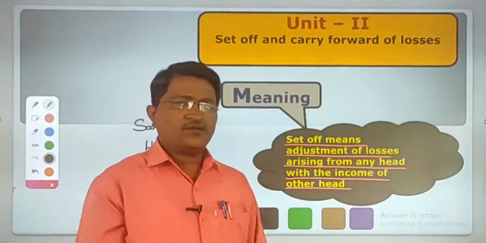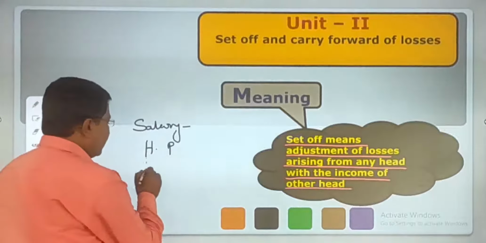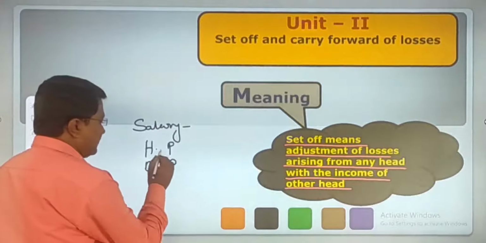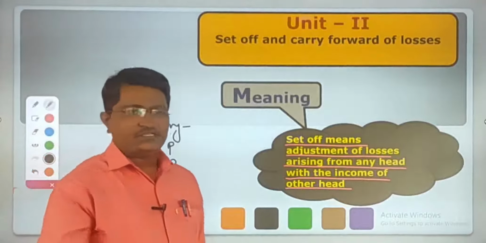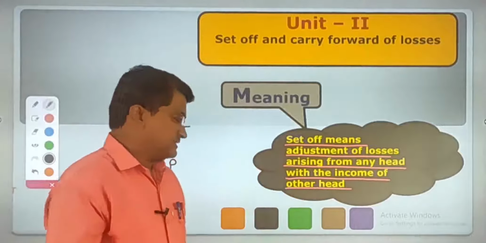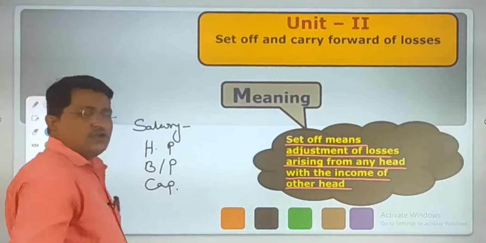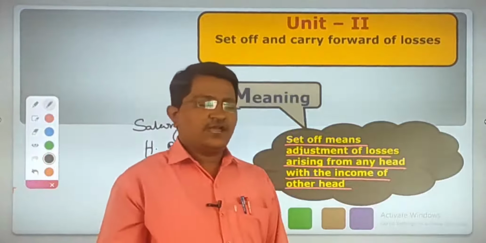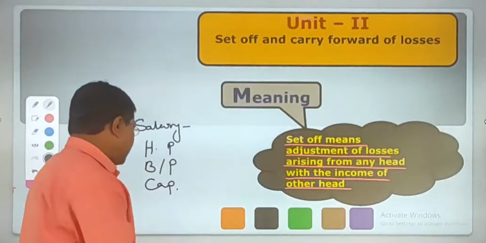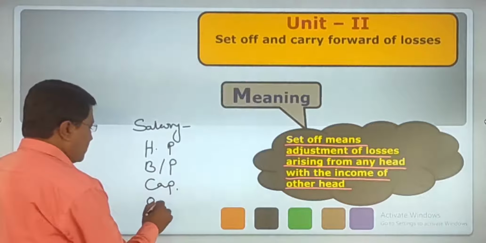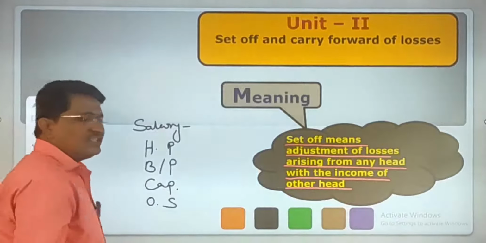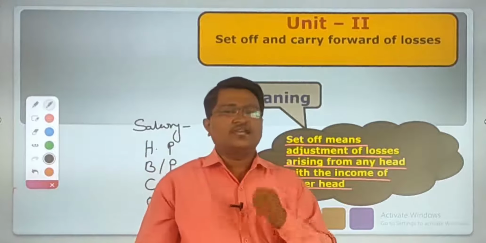Next, the third one: income from business and profession. Next, the fourth one is capital gain. Next, the fifth and very last, that is income from other source. So these are the 5 heads of income.